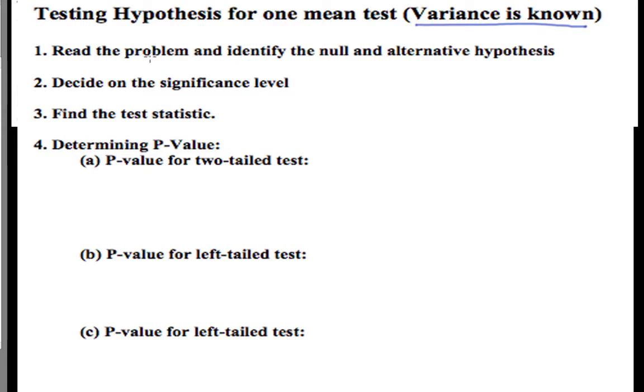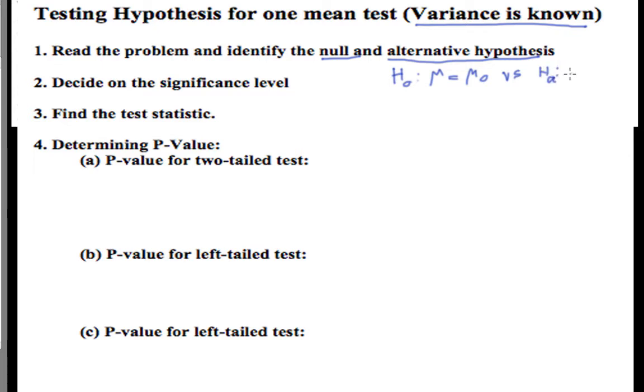First one, read the problem and identify the null and alternative hypothesis. Null hypothesis H naught: mu equal mu naught, versus alternative hypothesis HA.